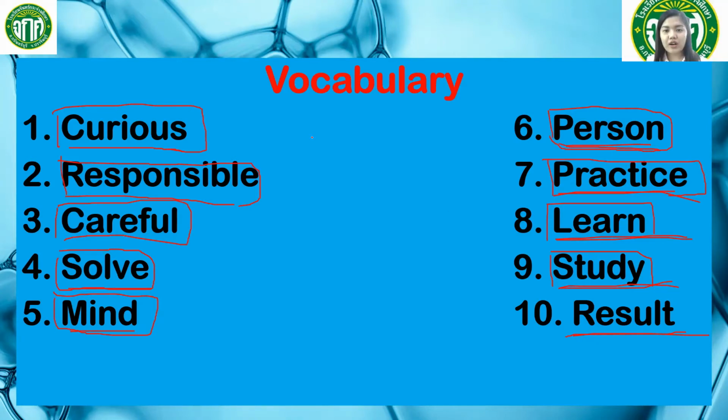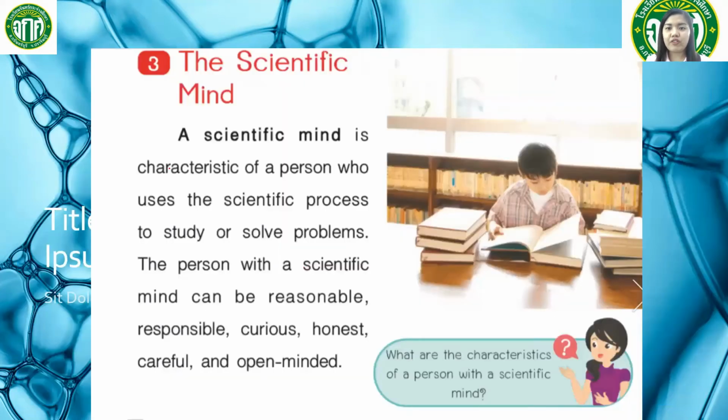All right. So those are the 10 vocabulary words of our topic for this week. Okay. So let's move on to our topic, which is the scientific mind. Okay, so let us read. A scientific mind is a characteristic of a person who uses the scientific process to study or solve problems.